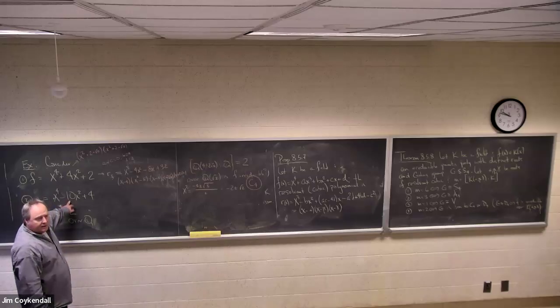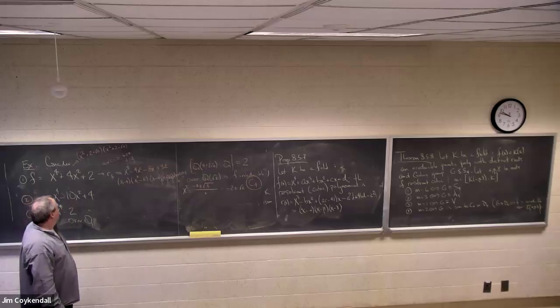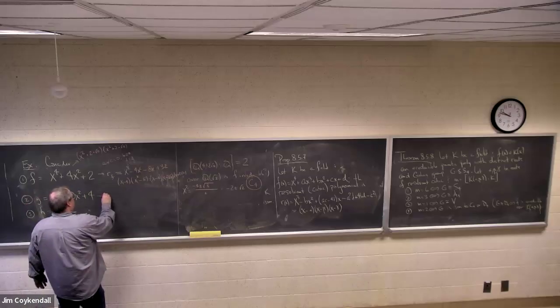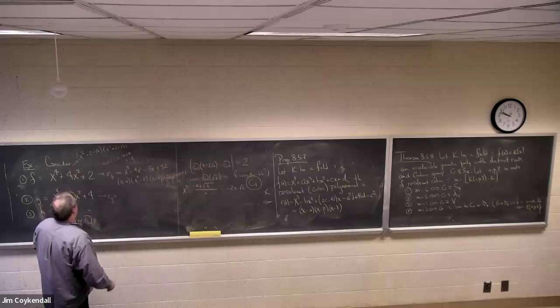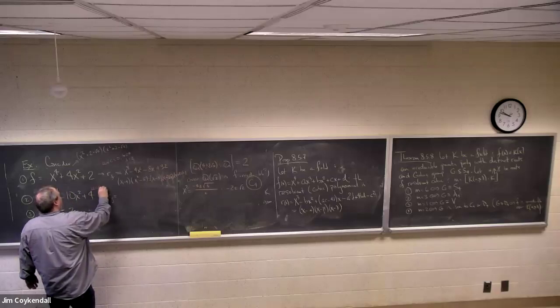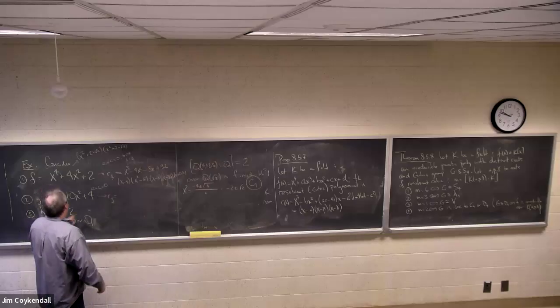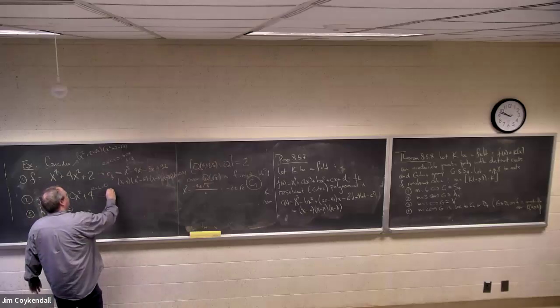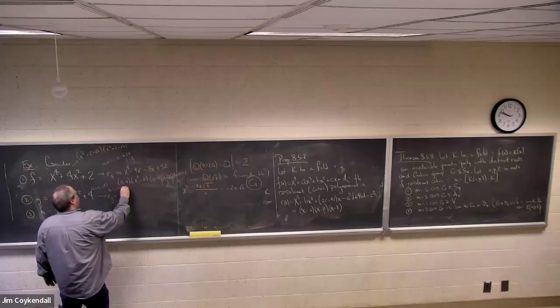How about this one right here? I have A equals C equals 0. And this time I've got B is -10 and D is 4.